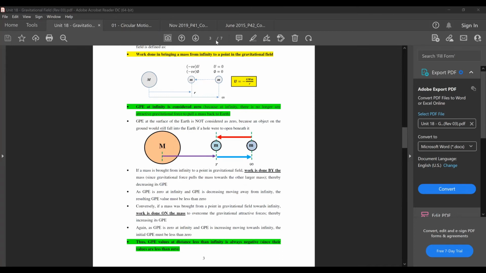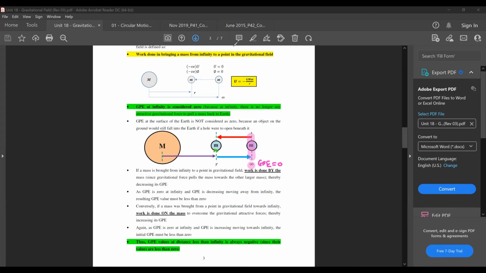Say for example, you have a mass at infinity right over here. This one is already established that GPE is going to be 0. And then this is the point that we are interested in, whose GPE value we're interested in.